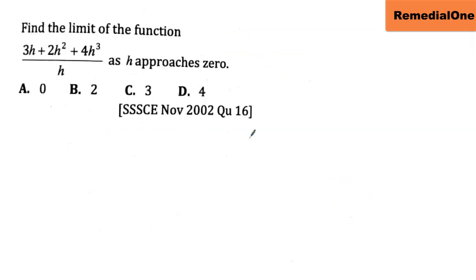We want to find a limit as h approaches 0. If you put 0 wherever we see h, and when we do that, here h is 0, and then here over 0. This one is undefined.